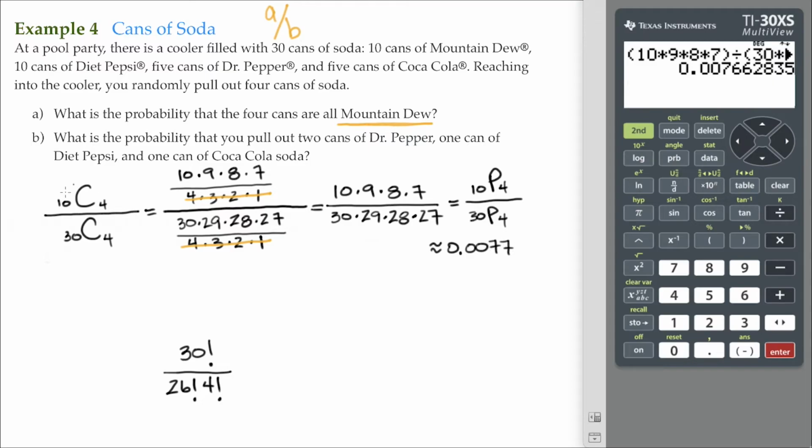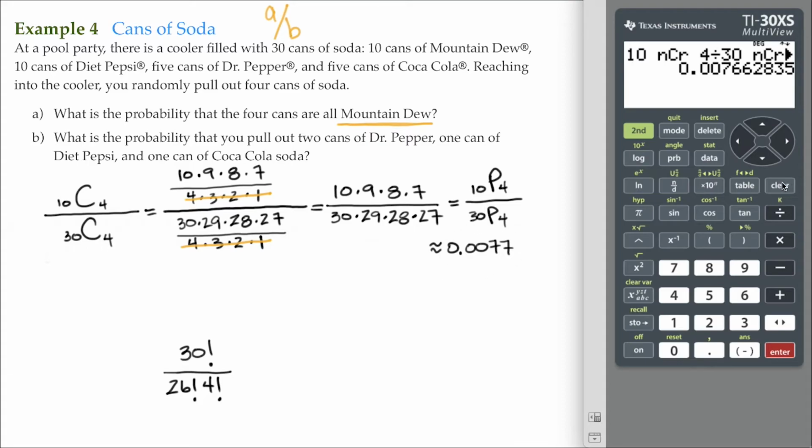We could also use our combination. 10, back to our probability key. Back to our combination. Choose 4. Then I'm just going to go right ahead and hit divide. 30 choose 4. Hit enter. Comes out to be the same thing.